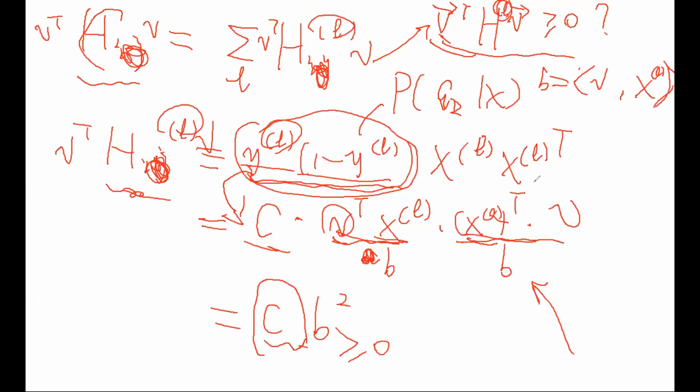I know X is like your class characteristics. I'm not sure what V is. It's not a class characteristic. This is the features, right? So this is the table. Oh, okay, that's what I meant. Yeah, this is features. V is any vector. We want to show that for any V, this is a positive semidefinite, right? So this will always be larger. Is it clear? Okay, clear enough. Then let's move on. If you have any questions, just let me know. I can clarify more.